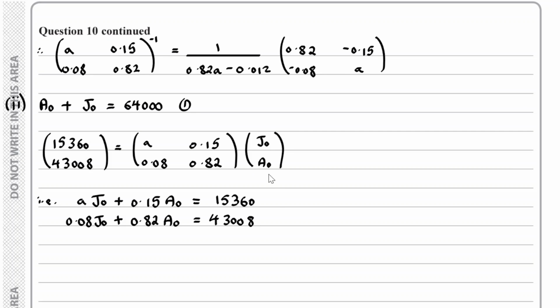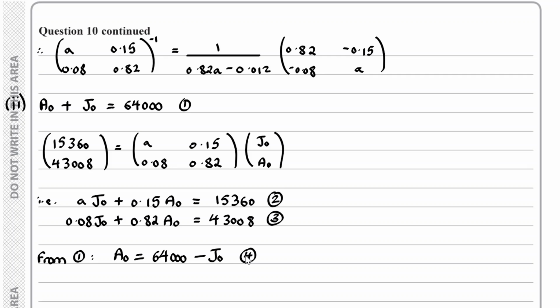So if I call this equation 1, this equation 2, and this equation 3, we can solve these equations simultaneously to find out what A is, what A0 is, and what J0 is. From equation 1, hopefully you can see that A0 is equal to 64,000 minus J0. We'll call this equation 4.